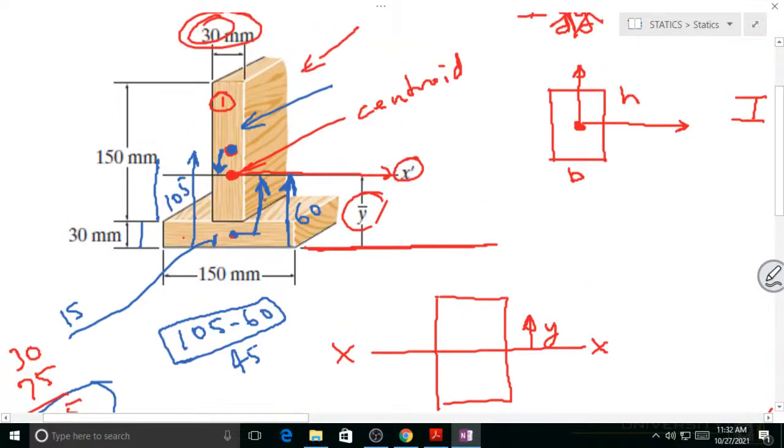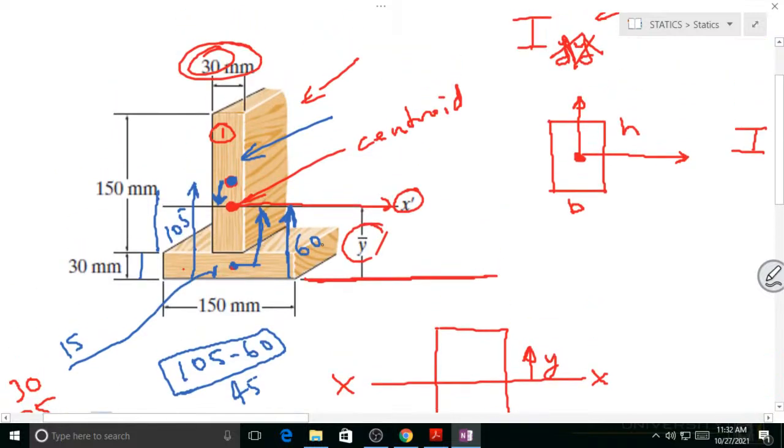Let me zoom in here a little bit. Because what I'm trying to do is move that one down and this one up so that they're both along that line. Again, that's 30, so half of this distance is 15. We found this at 60, so that means 60 minus 15. I think that's 45.